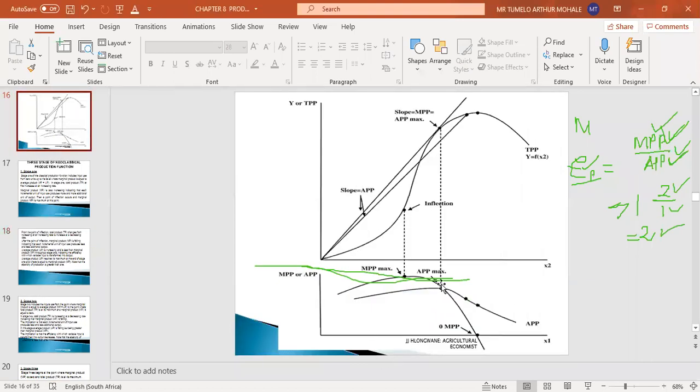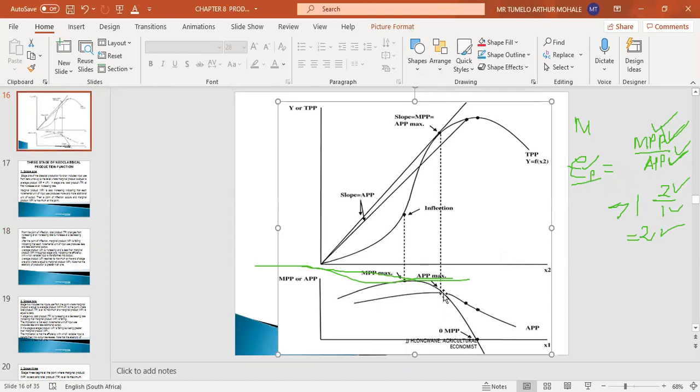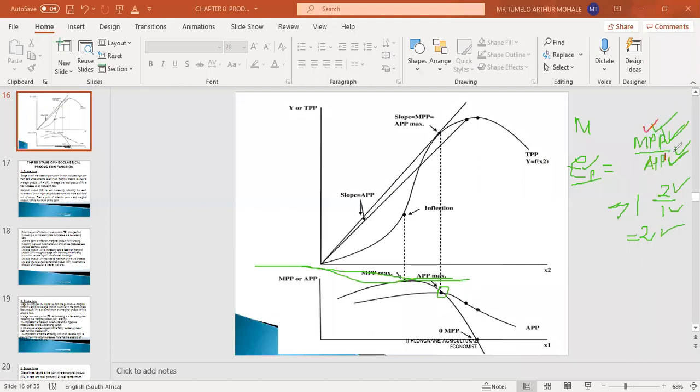We know that stage 1 ends here, at a point where these two graphs are equal, right? And we said that the elasticity of production in stage 1 is greater than 1, which in simpler terms means that the MPP is greater than the APP. So this is the case.